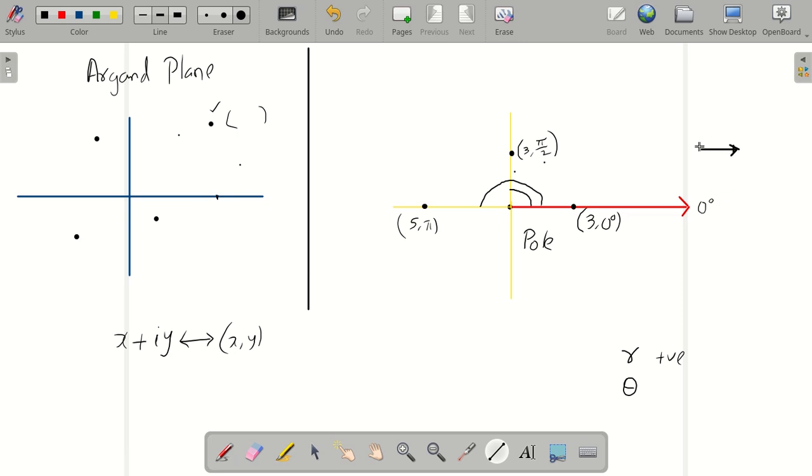So if I turn, let's say 45 degrees, the picture will be something like this. So this is the positive part or the positive direction. If I turn it, let's say 120 degrees or 130 degrees, it looks something like this.